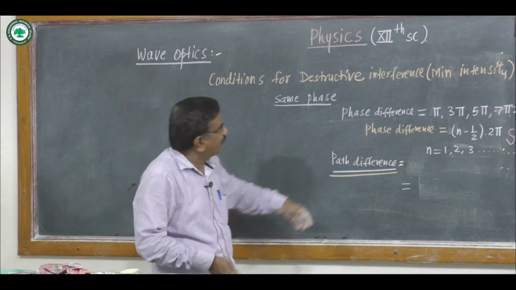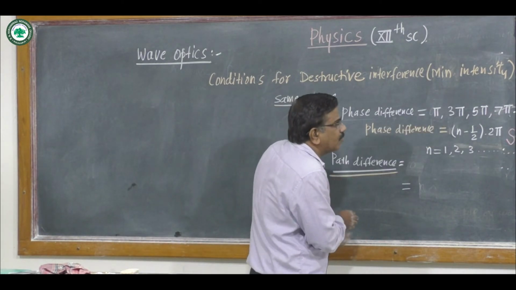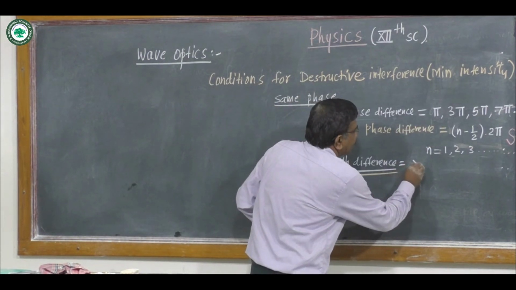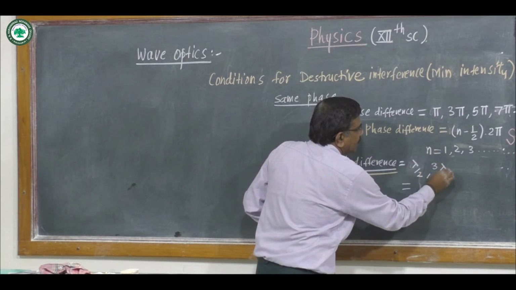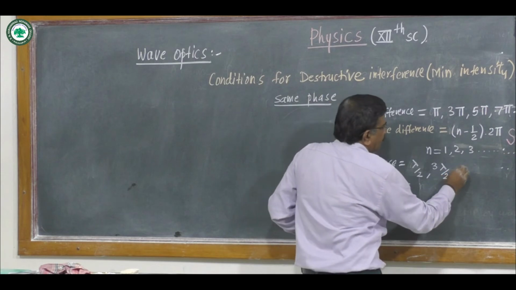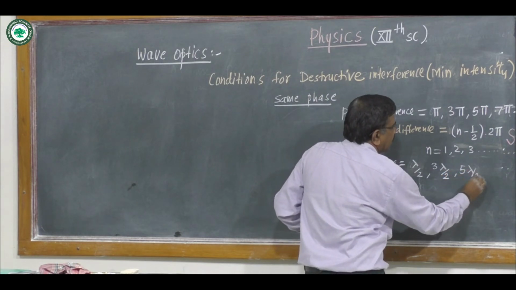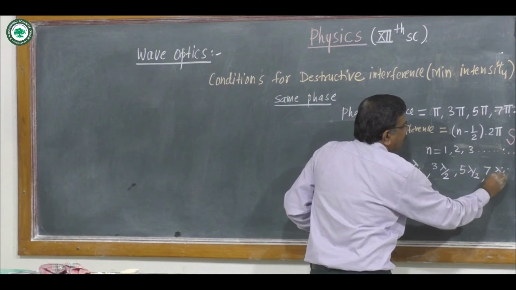Now the condition for the path difference. Here pi is equivalent to lambda by 2. So lambda by 2, 3 pi means 3 lambda by 2, 5 lambda by 2, 7 lambda by 2 and so on.